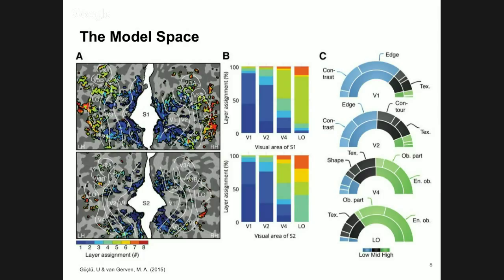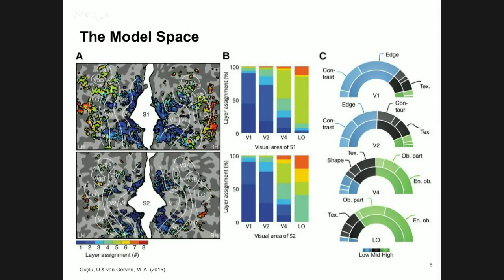Yes. And basically, in figure A and B, those colors represent different layers of the convolutional neural network. The blue ones are early or shallow layers, and the red ones are higher layers. They show that the early layers contain more features of V1 and V2, and the higher layers contain features that account for LO, the lateral occipital complex.